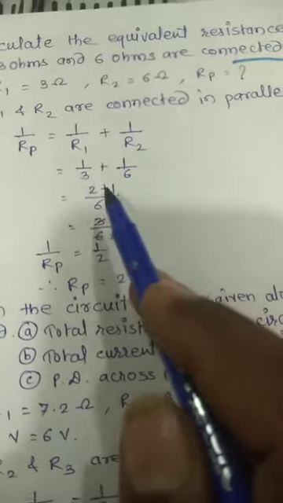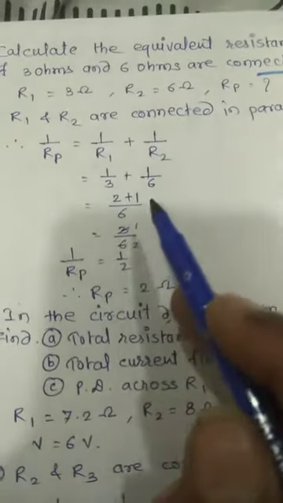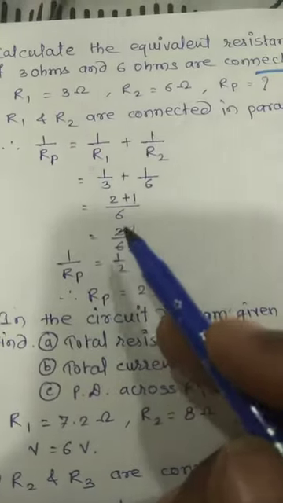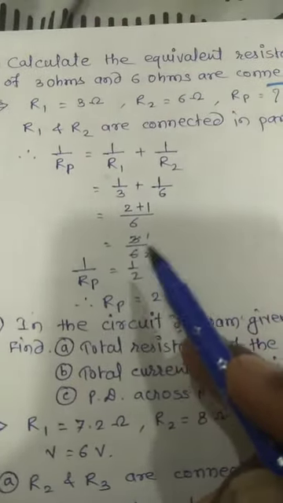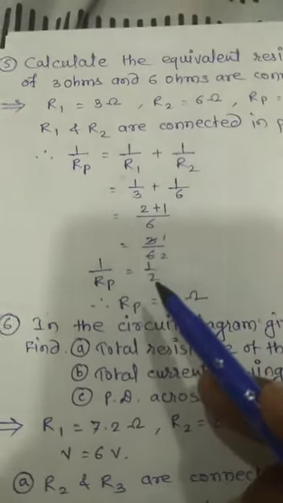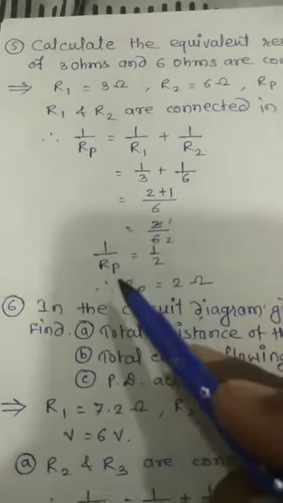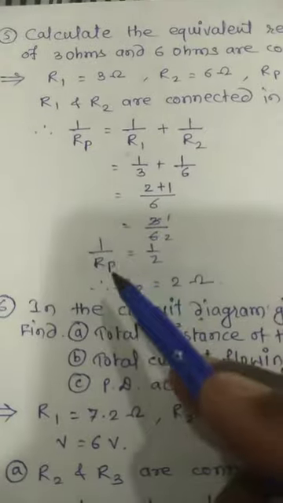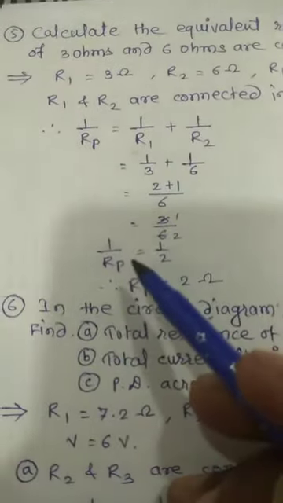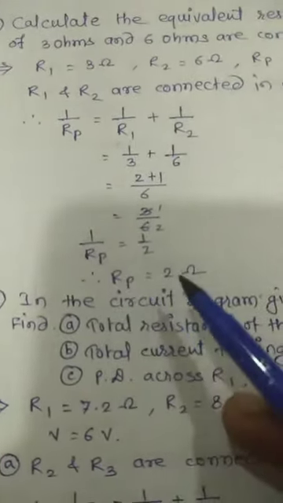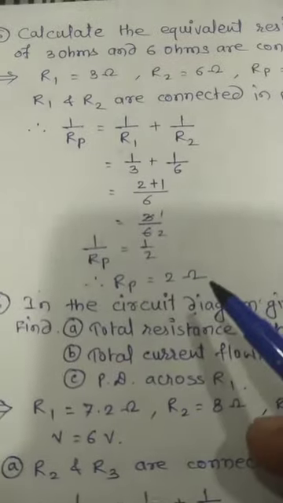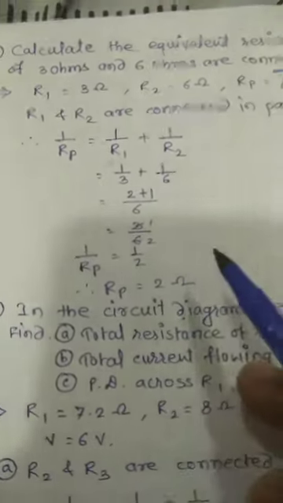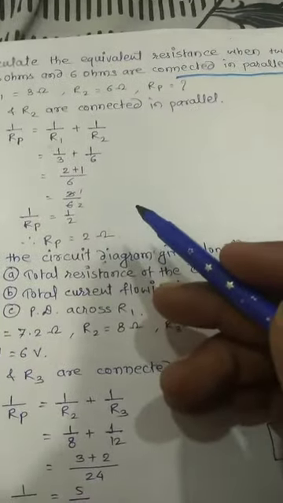Then solve it: 2 plus 1, so what will we get? 3 by 6, which means 1 by 2. This is the value of 1 by Rp, not Rp. So to find out Rp, what has to be done? Take the reciprocal of this. So Rp equals to 2 ohm. This is the equivalent resistance when the resistors are connected in parallel.